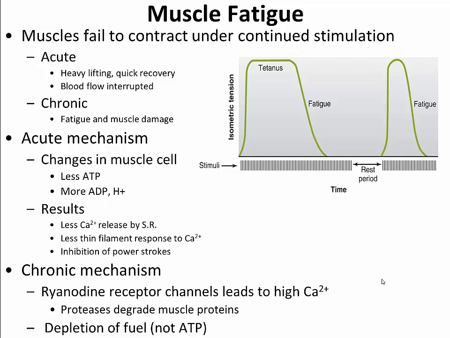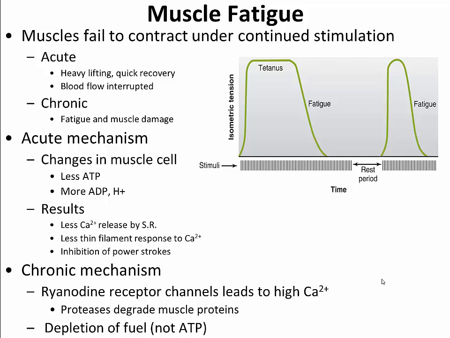This calcium activates proteases that work to degrade the muscle proteins that we've discussed previously, myosin and actin, and perhaps others. This leads to both a decreased ability to contract and soreness of the muscle that's eventually, of course, repaired during a resting period. This is a completely different mechanism than what we observe in acute fatigue, as we discussed previously.